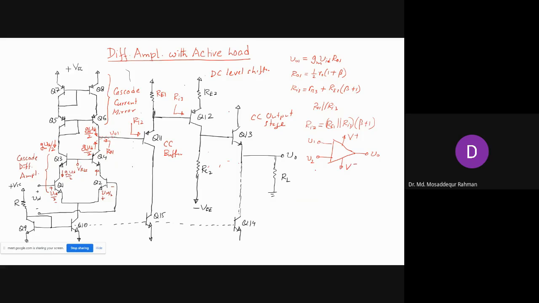And in an op-amp, what do you do? In this case, this is our plus terminal V1, and V2 is our minus terminal. So what we do, we connect two resistances here.